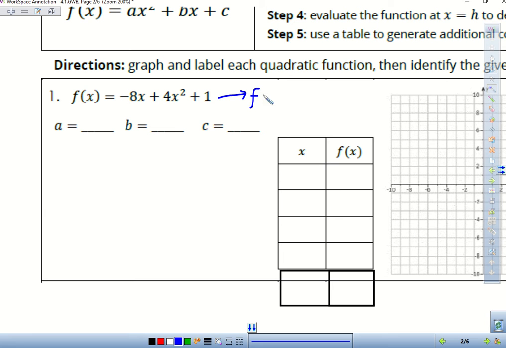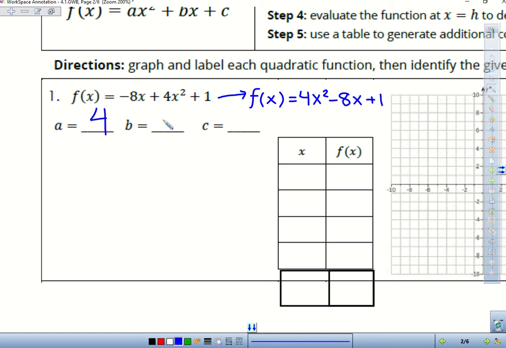No. What would its standard form be? 4x squared minus 8x plus 1. Good. 4x squared minus 8x plus 1. So notice I have to rearrange it into standard form, and that's really common. You have to make sure the x squared term comes first, then the x term, and then the constant. So now that I've rearranged it, what's the a value?